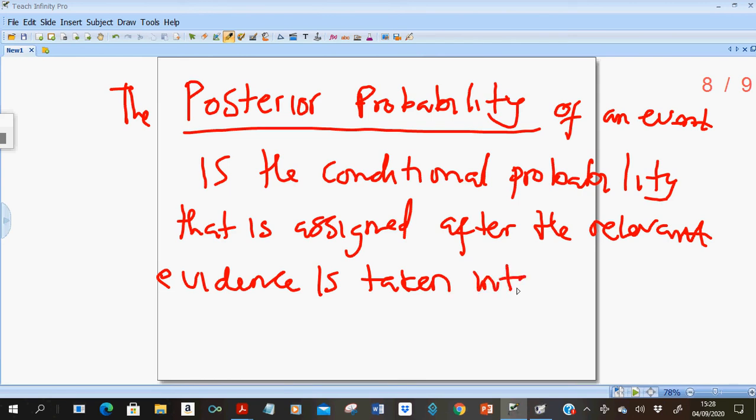Okay, so this is an extension of conditional probability. And to find this type of probability, we use the Bayes theorem.